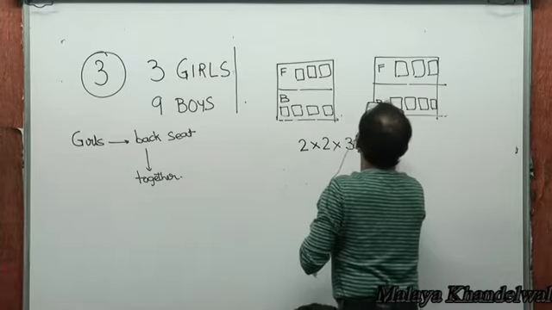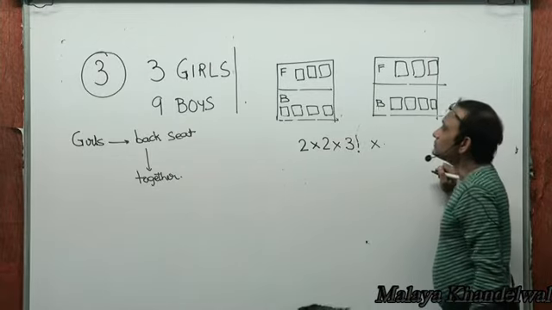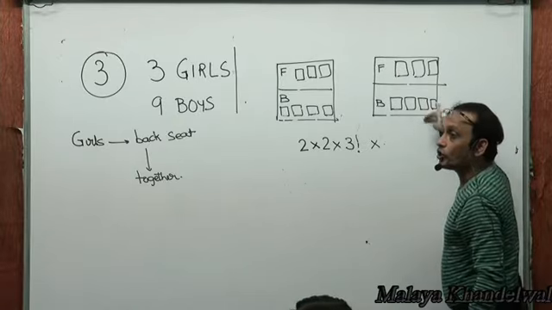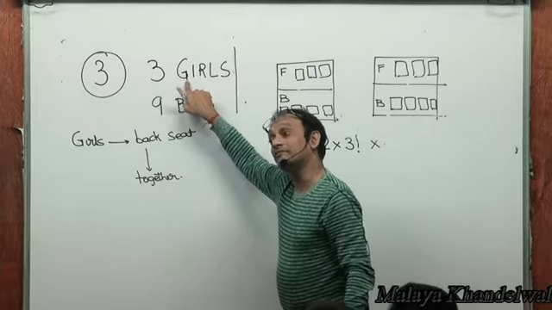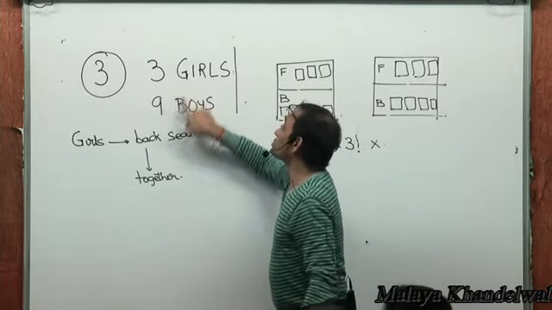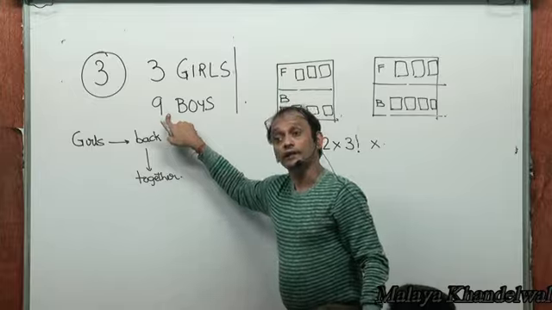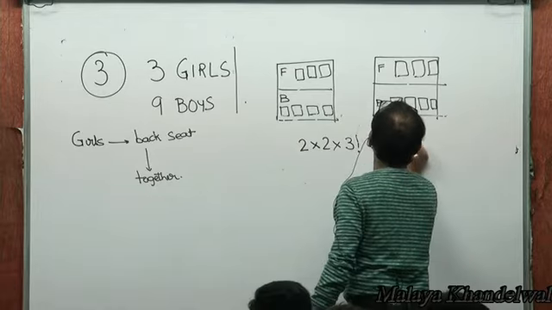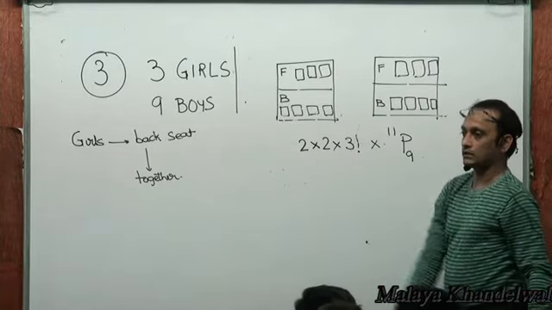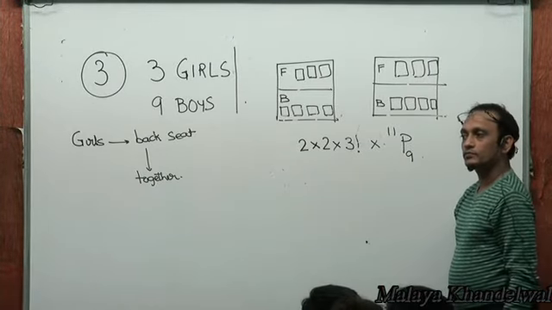Now, there are 14 slots in all. 3 have been occupied by girls. How many are left? 11 slots. In the 11 slots, I want to arrange the 9 boys. And the order is important. So that's going to be 11P9. 11P9. Yes or no?